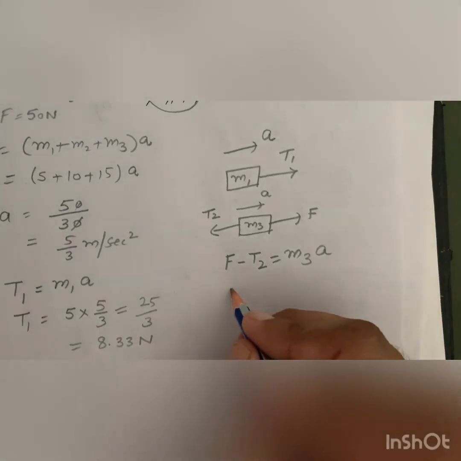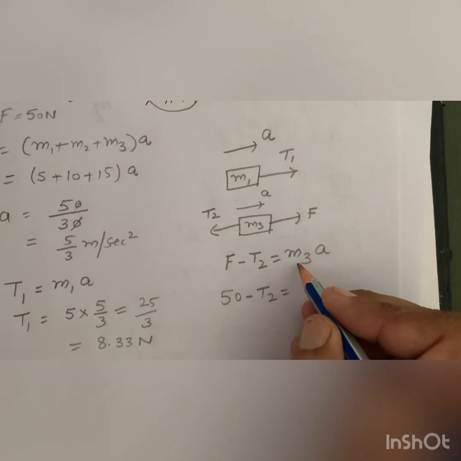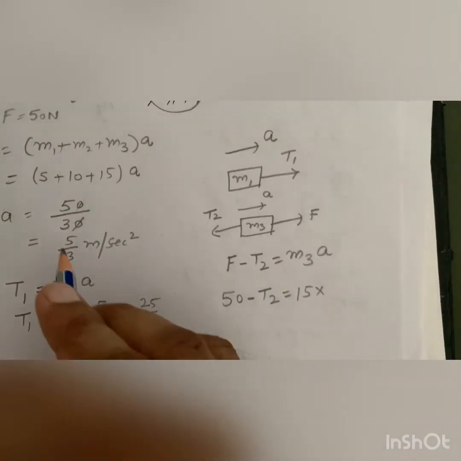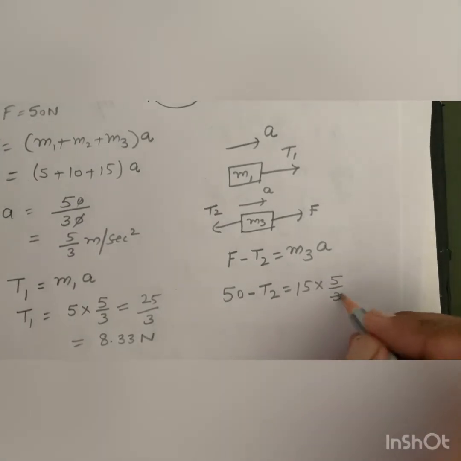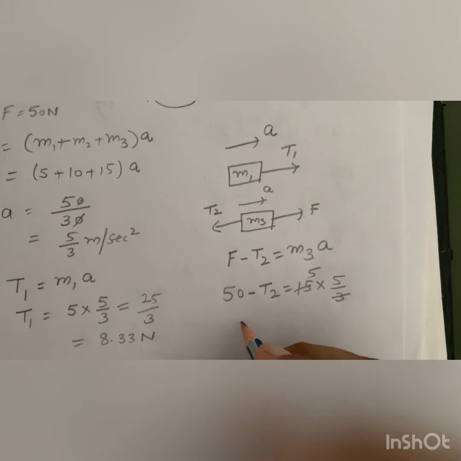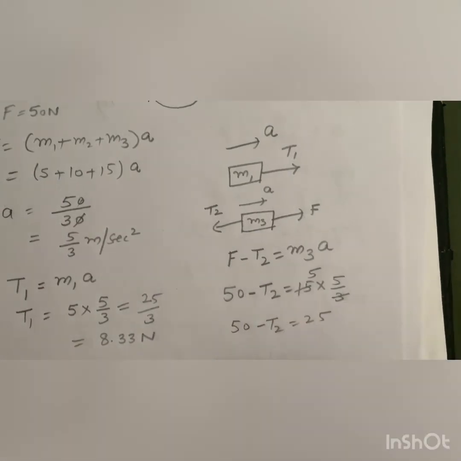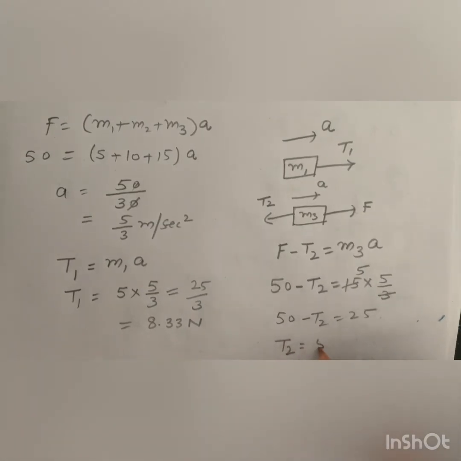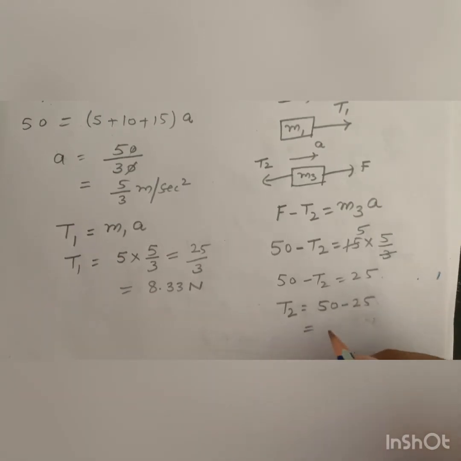Now F is 50, minus T2, which we want to calculate. M3 is given, that is equal to 15, and the acceleration we have calculated is 5 over 3. So we get 50 minus T2 equal to 25, or T2 is 50 minus 25, equal to 25 Newton. Answer.